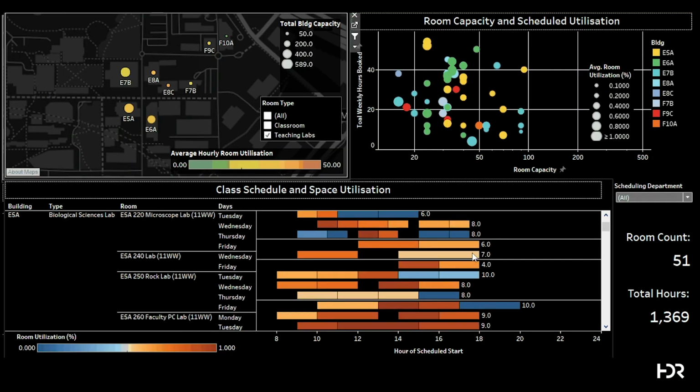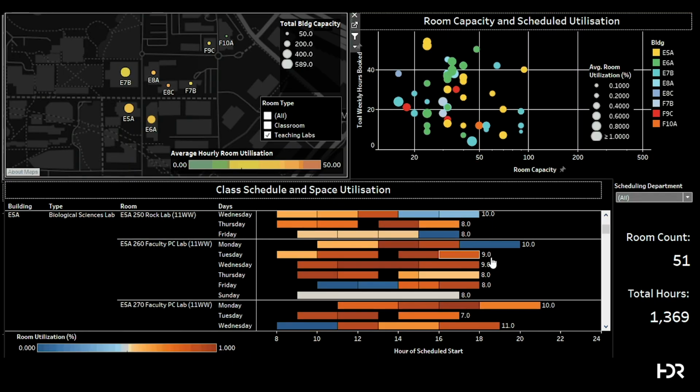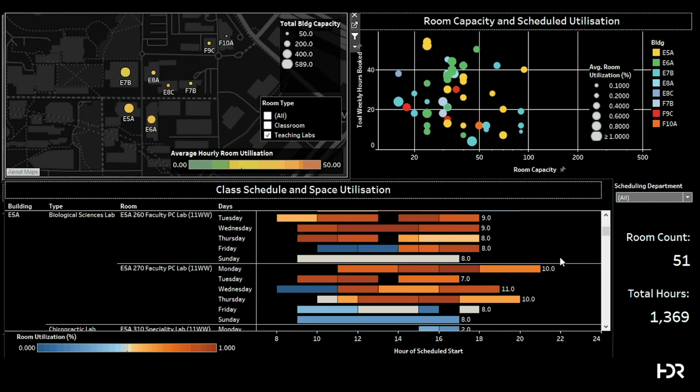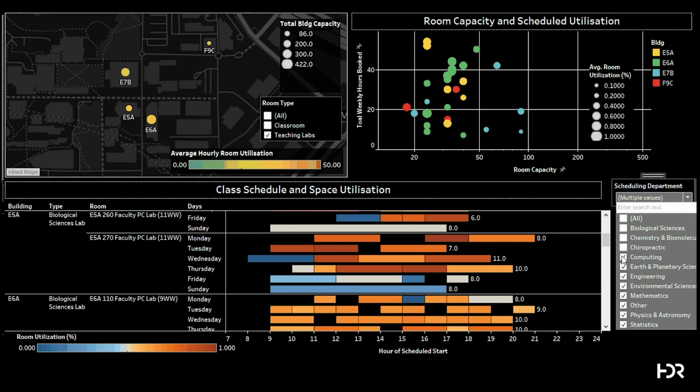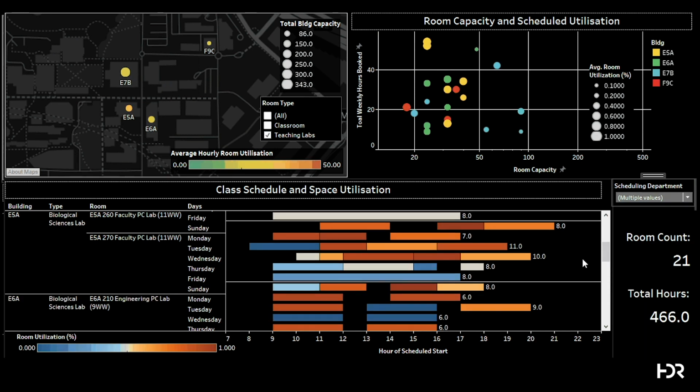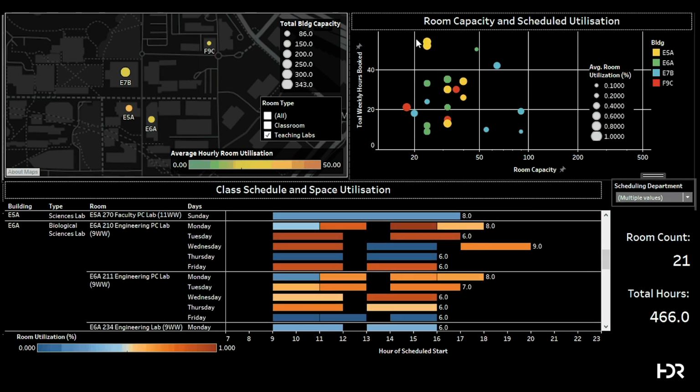When you're working with property managers, they always say, whenever I walk around campus, it's half empty. These spaces aren't being utilised. You talk to the deans and they say, we can never find a space. It's always crammed.